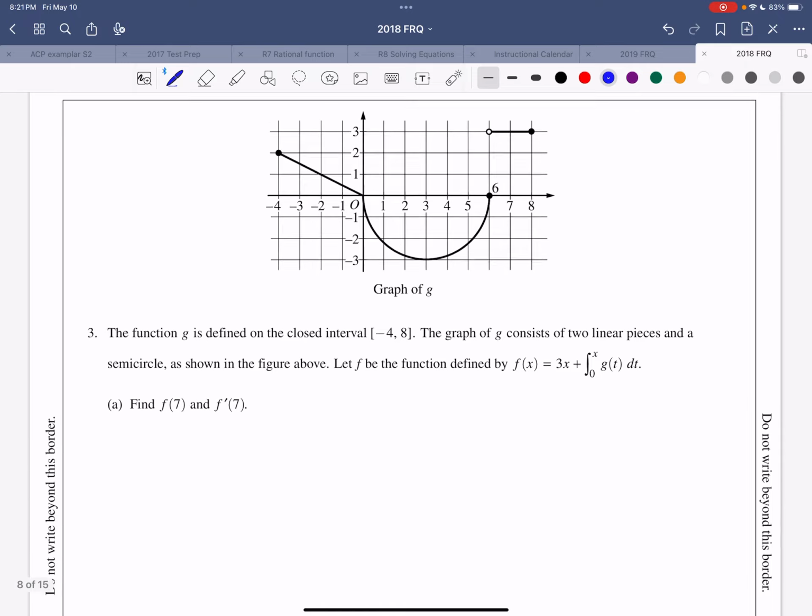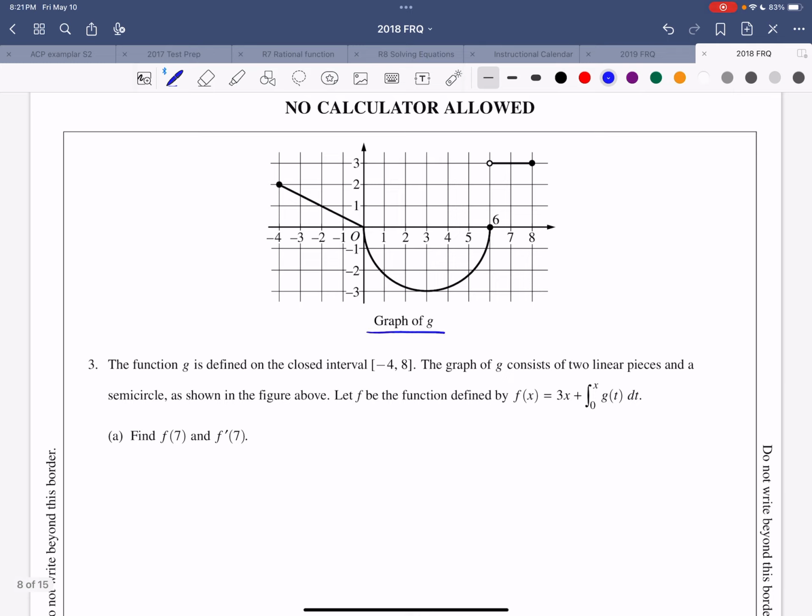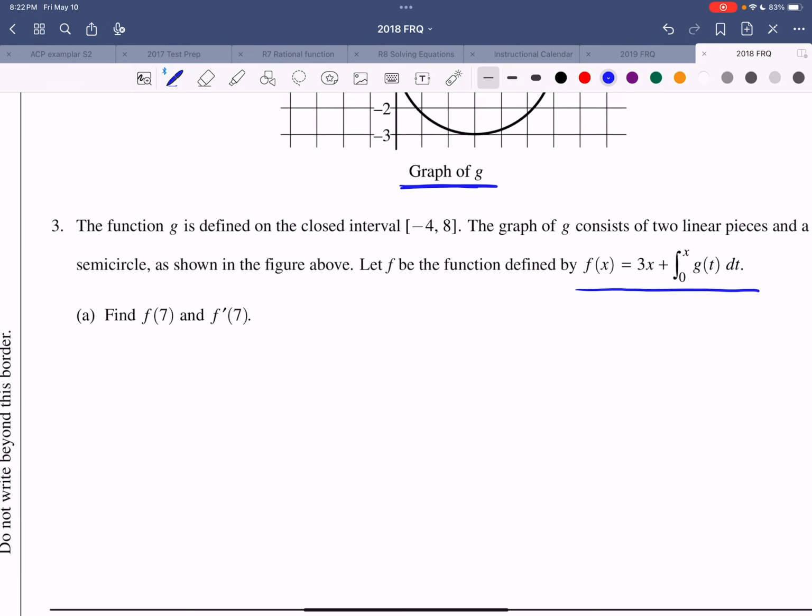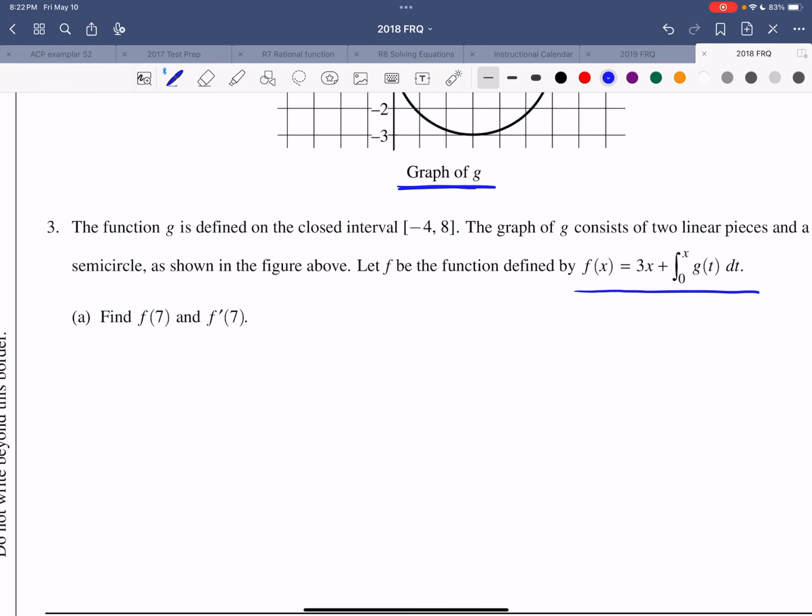So f of 7. This graph is g, it's not f, so you have to be careful. But f of x is equal to 3x plus the integral from 0 to x of g of t dt. So let's try to find f of 7. This question is very nice to you. It's going to be step by step.